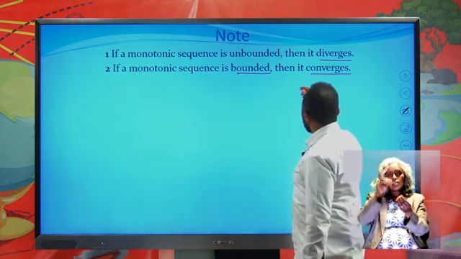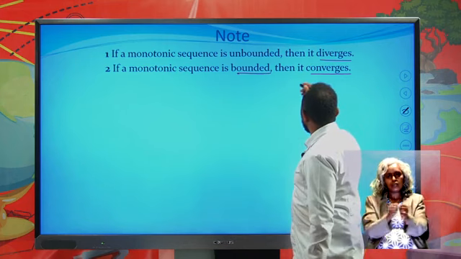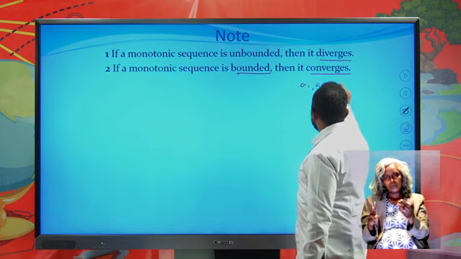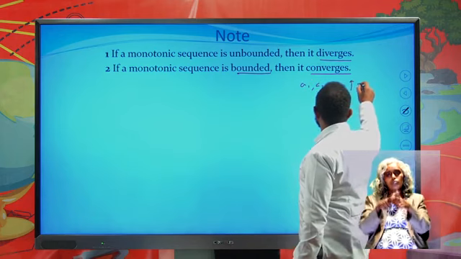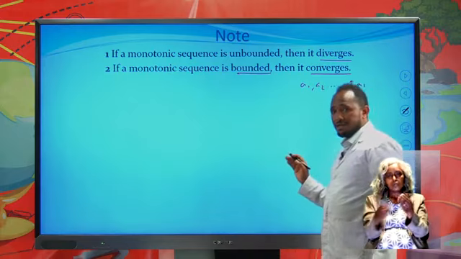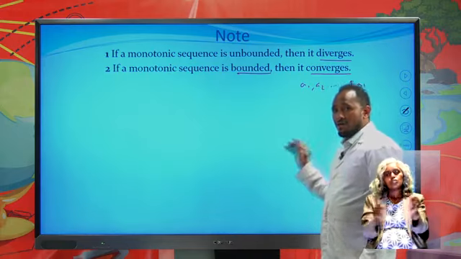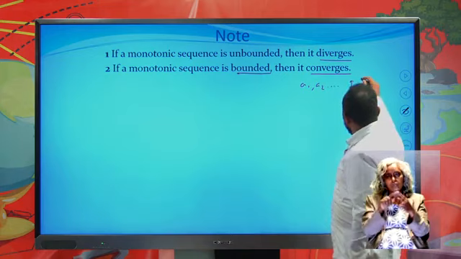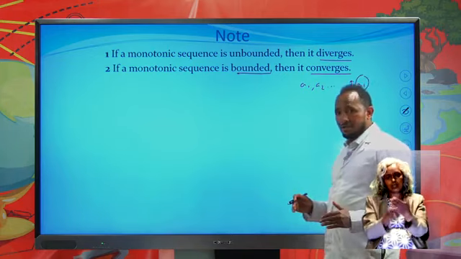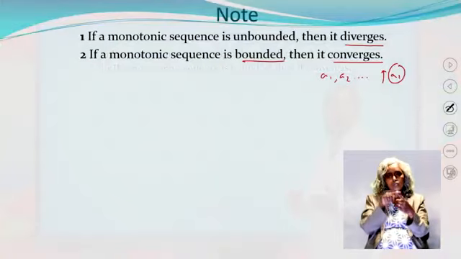Increasing bounded sequence: assume this one, a_1, a_2, it's getting bigger. It's a bounded sequence but increasing. In that case, the sequence converges to the least upper bound of that sequence. If it is decreasing, it converges to the greatest lower bound of that sequence.